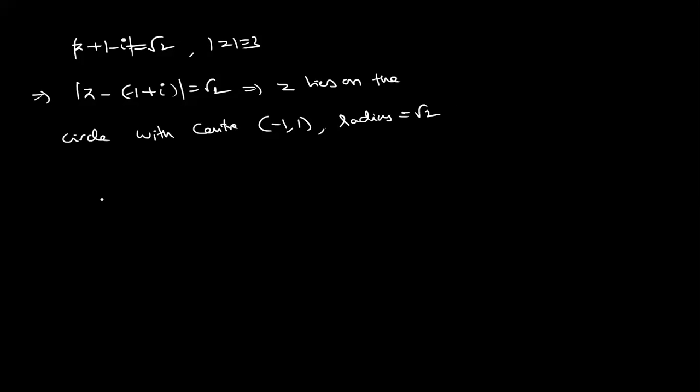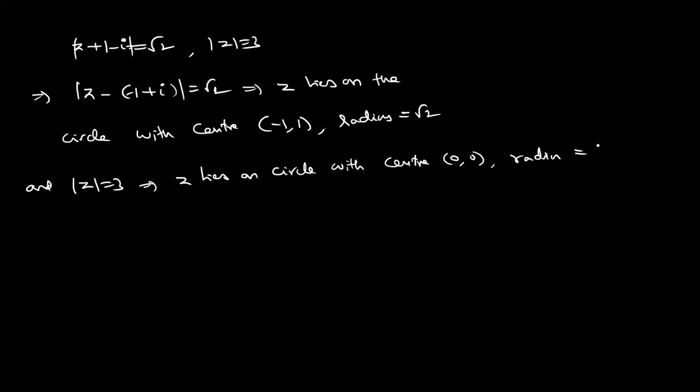And mod z is equal to 3. Of course, this one is also z lying on a circle with center, what is the center, anyone? 0, 0 and radius is 3. Consider them as R2 and R1.